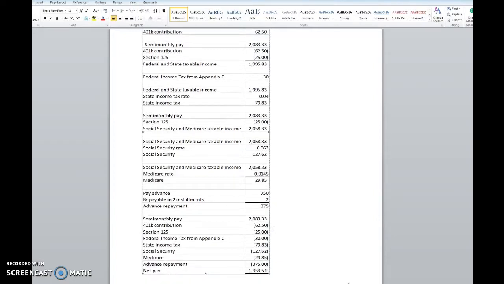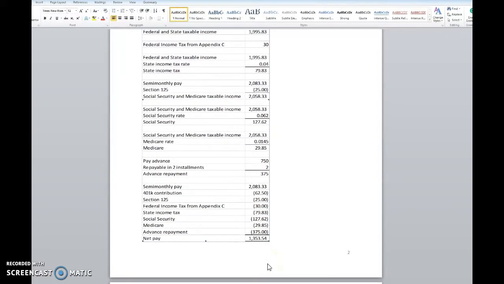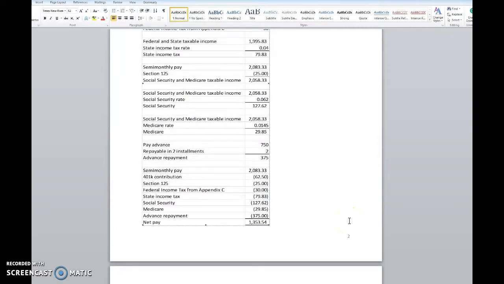So in order to figure out his net pay, we're going to take his gross wages of $2,083.33 minus the 401k, Section 125, federal income tax, state income tax, Social Security, Medicare, and the advance repayment, and his net pay would be $1,353.54. If you do have any questions in regards to this problem 4-5A, please let me know.